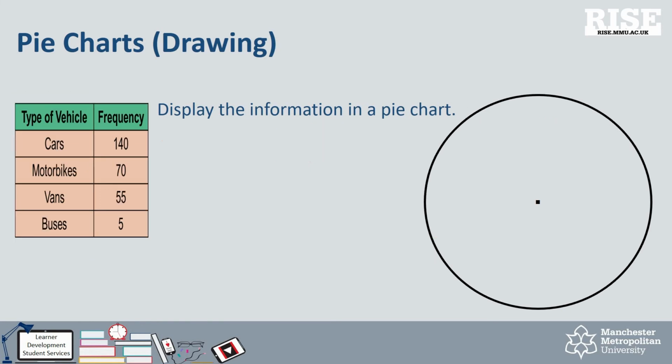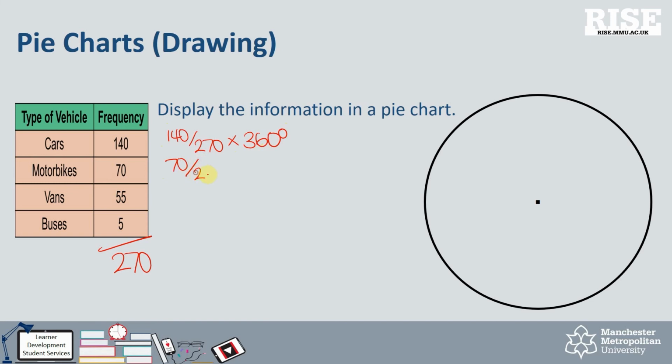Let's try one more. Add all of those frequencies, remember, to find the total frequency. So 140 were cars, 70 were motorbikes, 55 were vans, and 5 were buses. That's 270 in total. So to find the cars, I do 140 divided by 270, and again, times it by 360 degrees.